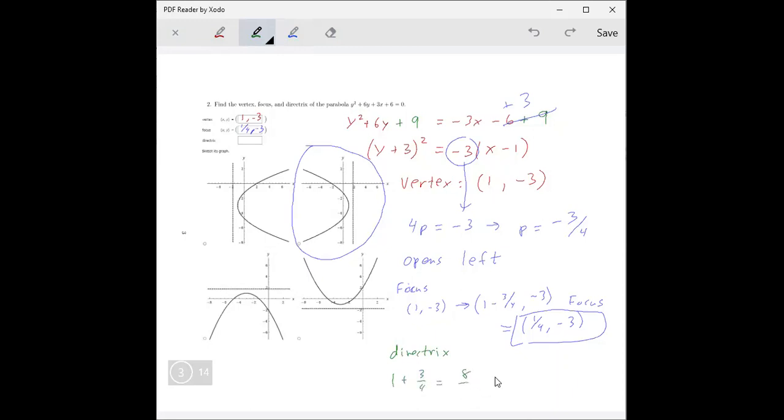And that gives me 7/4. And because it's a vertical line, then it's x equals 7/4. Okay. Any questions about that?